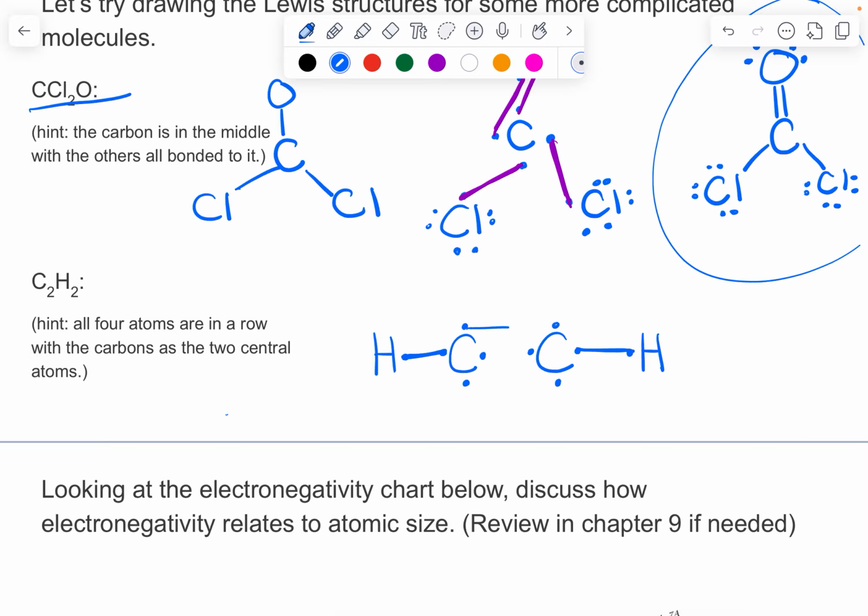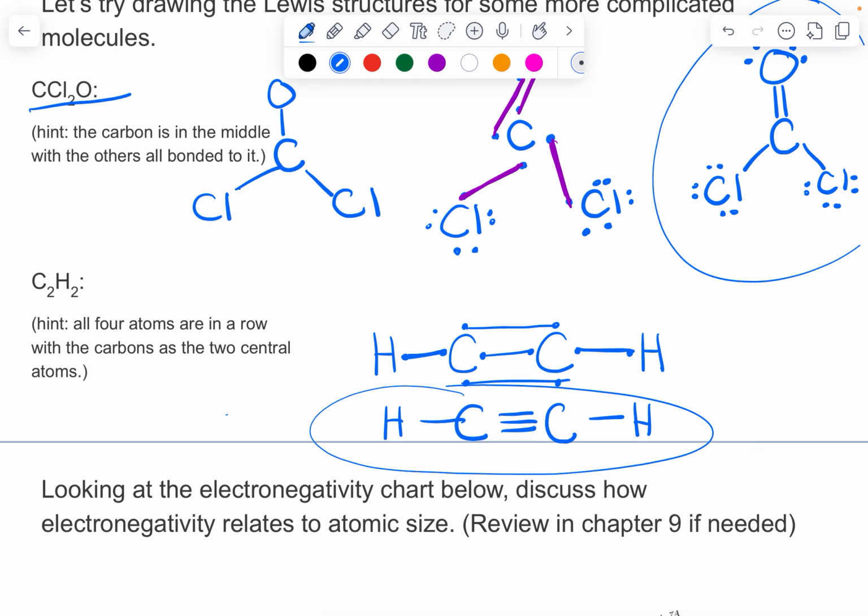So hopefully you've guessed that these are all going to pair up to create a triple bond between the carbons, and then an individual hydrogen on either end. So this would be the correct final Lewis structure for C2H2. No lone pairs because they've all been paired up. And that's it.